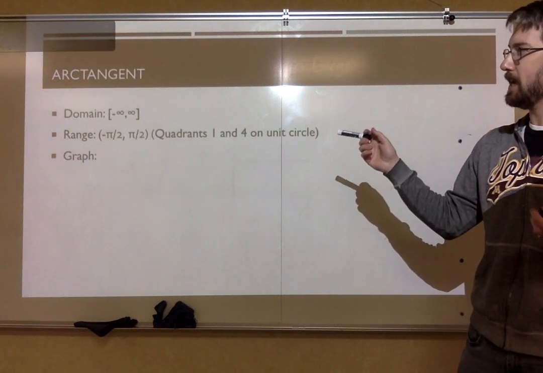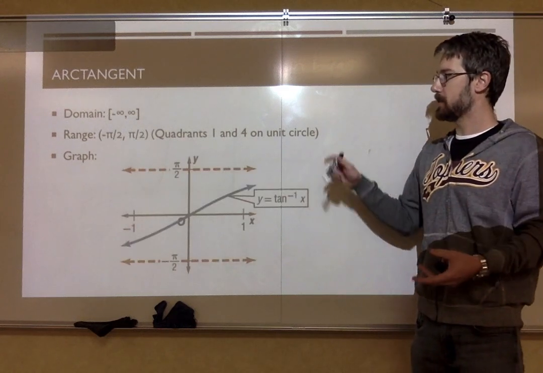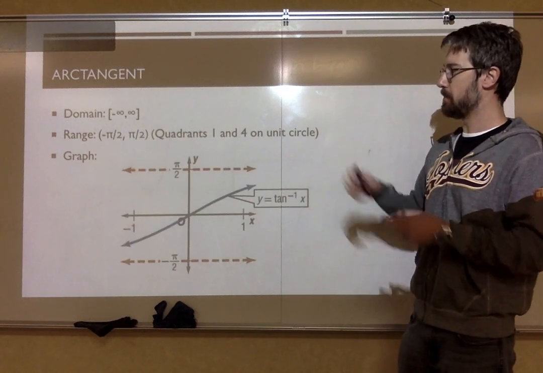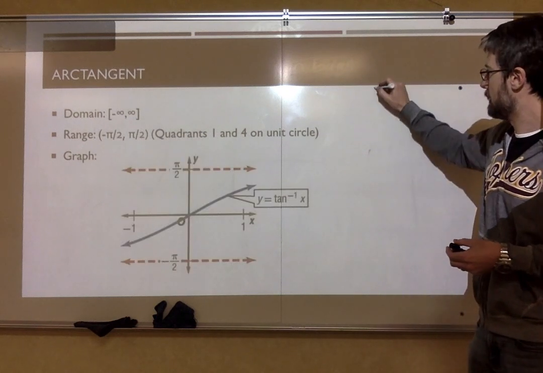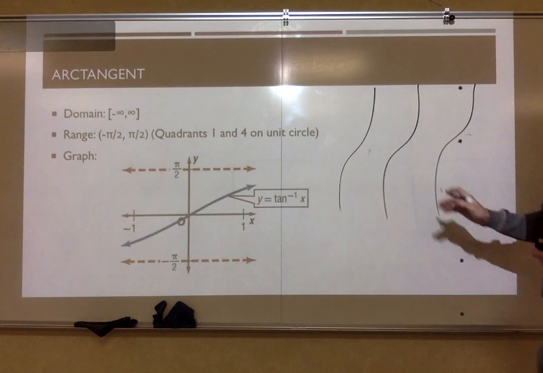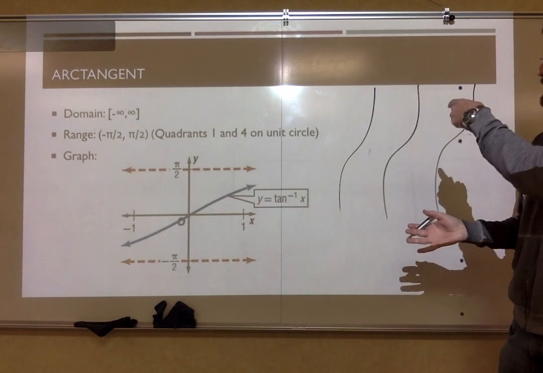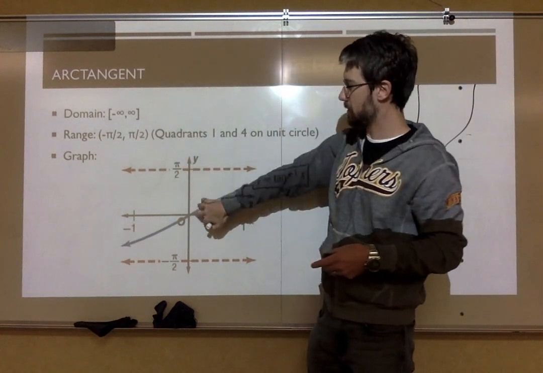All right, and then tangent. If you remember the tangent graph, it looks a little bit different. So it's a bunch of these, right, is what a tangent graph looks like. It's a bunch of these sort of curves. And so if we flip that on its side, now it's a bunch of layers of these types of curves.